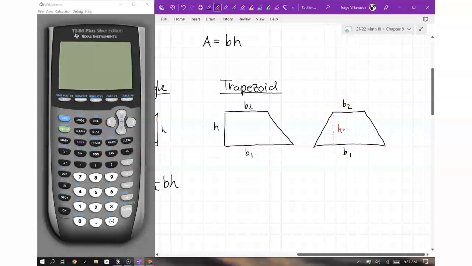And again, they should give you that value, okay? They should give that to you. And the formula is area equal to 1/2 the height times the sum of the bases. Oops, I'm sorry, not b sub 1, b sub 1 plus b sub 2.